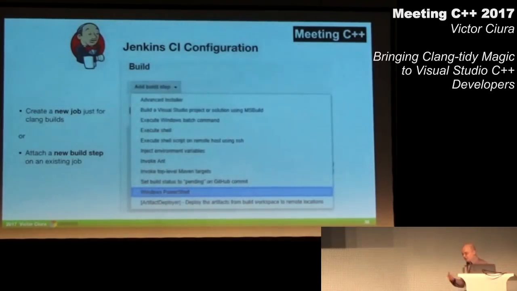Depending on your preference, you can create a new job for Clang builds. This is what we do. Or attach a new build step to your existing build jobs. We consider continuous integration a very important issue, because developers on the team don't constantly run Clang compiles on their modifications.